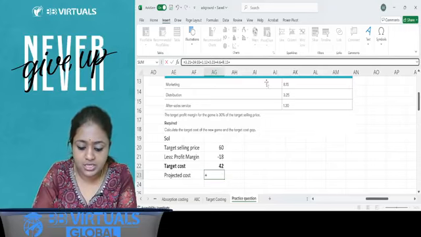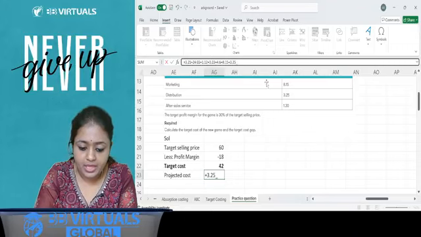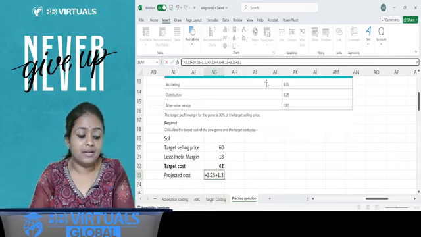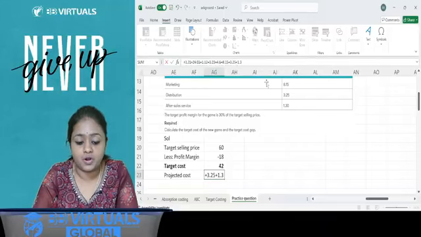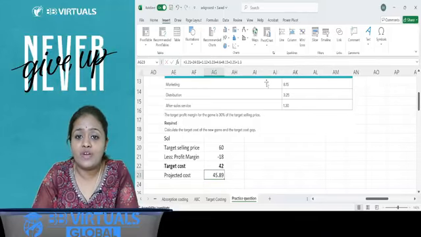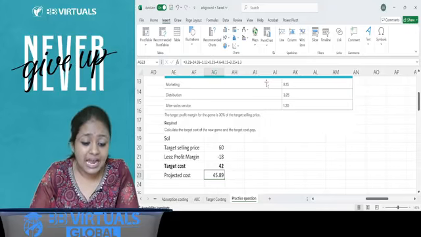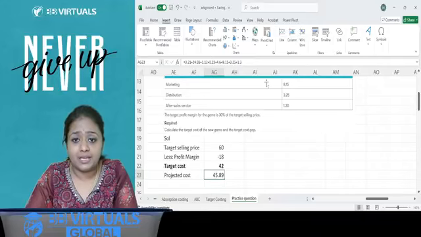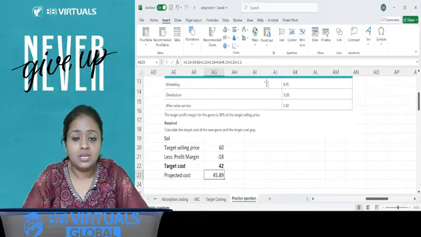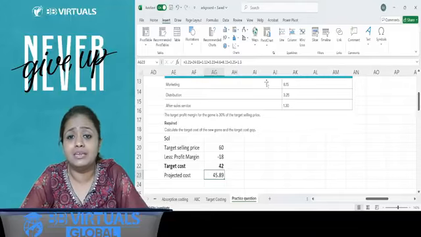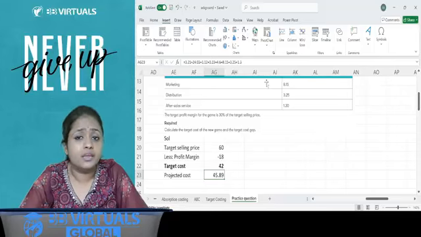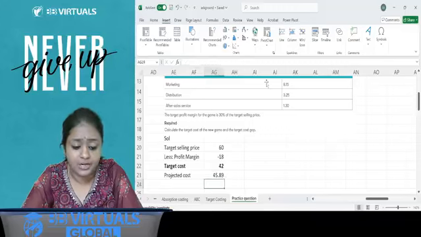Okay, distribution is 3.25 and after sales service is 1.3. See, ultimately when I calculate target cost, I have to make room for all the costs that would come for this product. So it is coming as 45.89. Ideally the projected cost is coming as that: for this product you would have a cost by doing everything, after sale, marketing, distribution, ordering, direct material, direct cost, overheads, it's coming out to be 45.89.